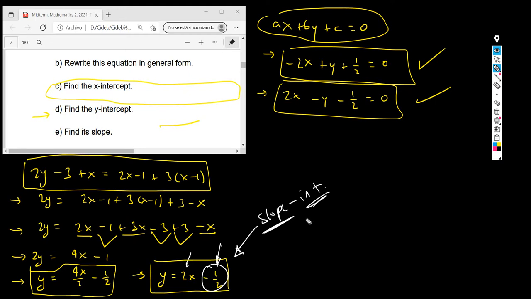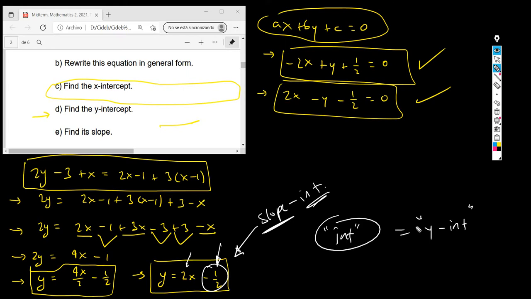And what intercept is this? I told you this is the y-intercept. When we're talking about lines and I just say the word intercept, what I mean, and not only I, but any other mathematician in the world, is the y-intercept.